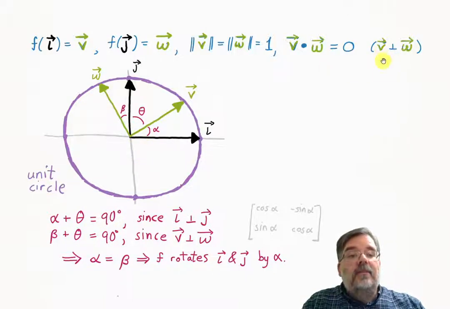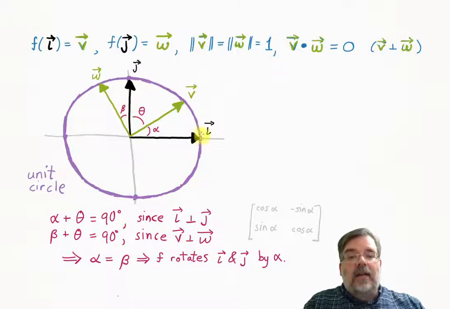Similarly, because v and w are perpendicular to each other, theta plus beta must also equal 90 degrees. That means alpha plus theta is equal to beta plus theta, which means alpha and beta must be the same angle. So alpha is actually equal to beta.